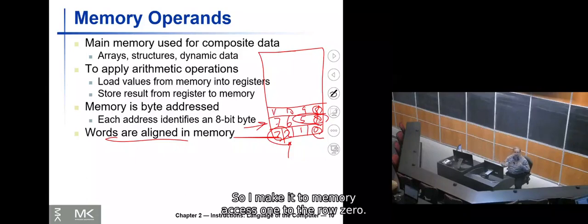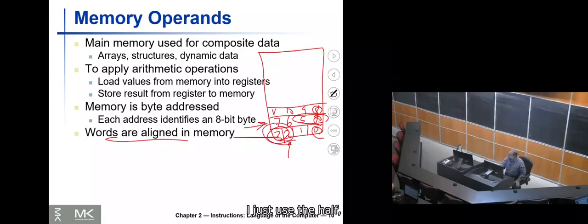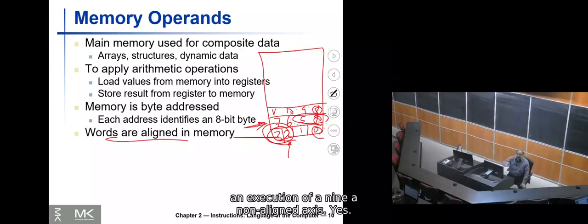So it makes 2 memory accesses, 1 to row 0, and from row 0 it just uses the high half of the data, which are locations 2 and 3, and then it generates another access to memory to row number 1, and gets 4 and 5 from there, and then puts them together: 2, 3, 4, 5. You see how complex the execution of a non-aligned access will be.